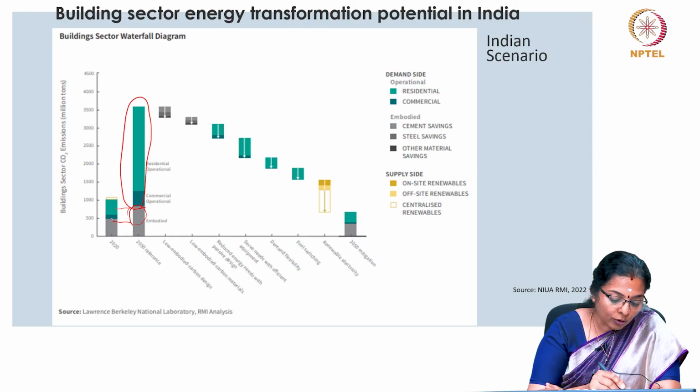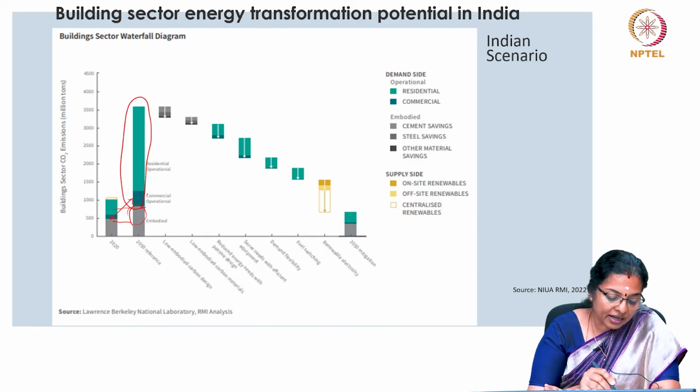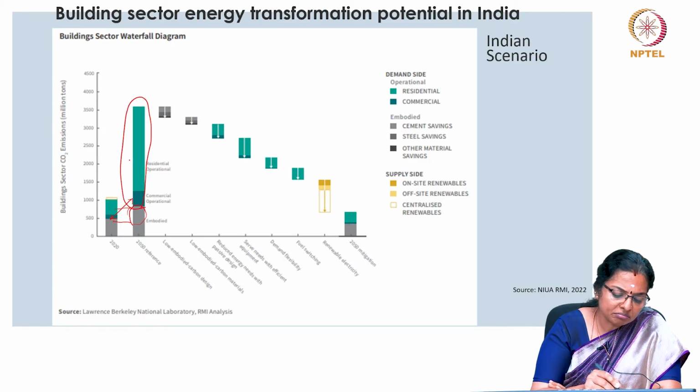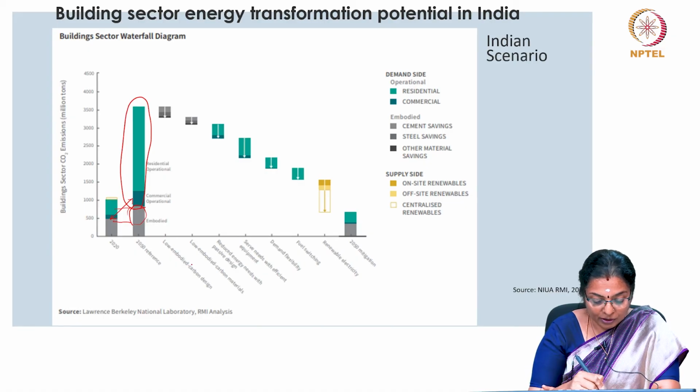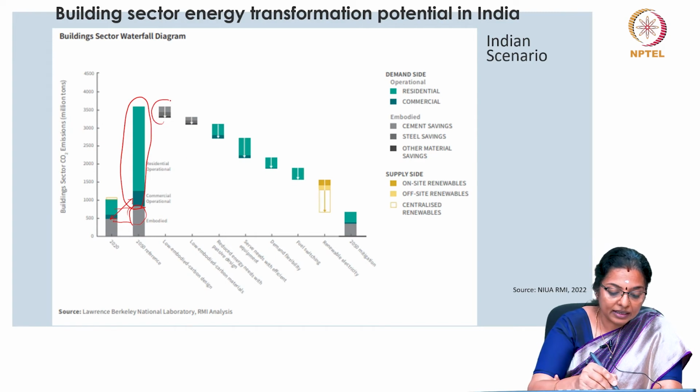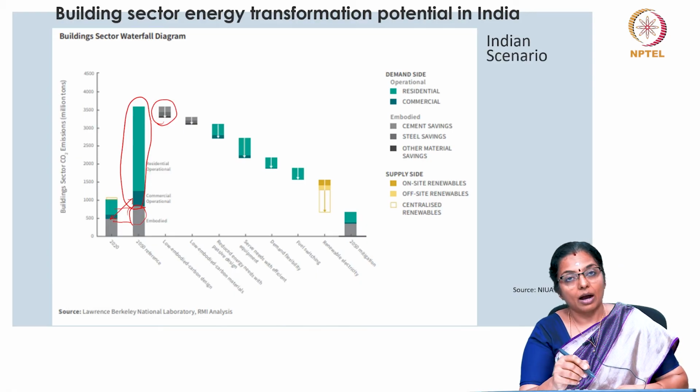The requirement for operational carbon is projected to increase by about 4 times, whereas for residential operational it is about 8 times. Using low embodied carbon design will certainly give us scope for reduction in carbon emissions.